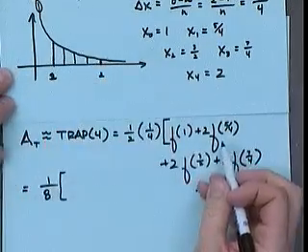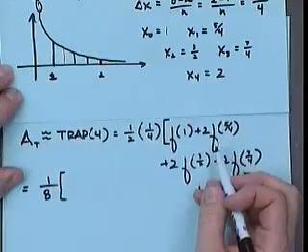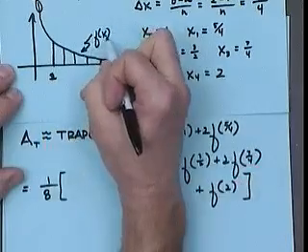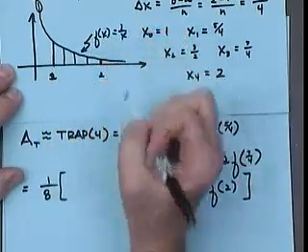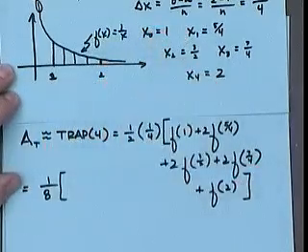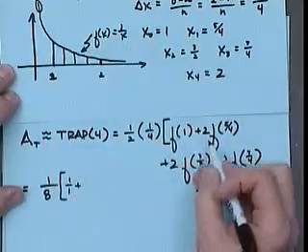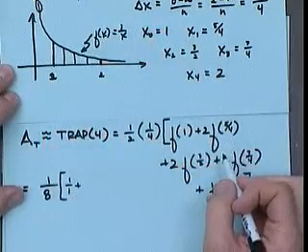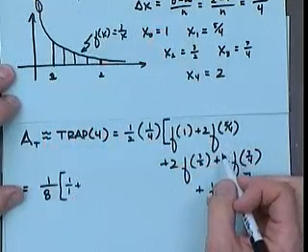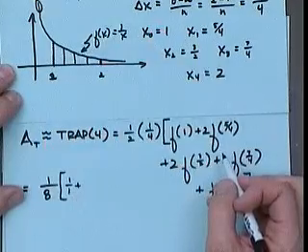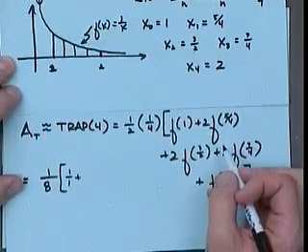So f of 1, what's our f of x? Isn't f of x 1 over x, right? So it's 1 over 1. We've got 2 f of 5/4. What's the f of 5/4? 4/5. Is that right? 1 over 5/4.